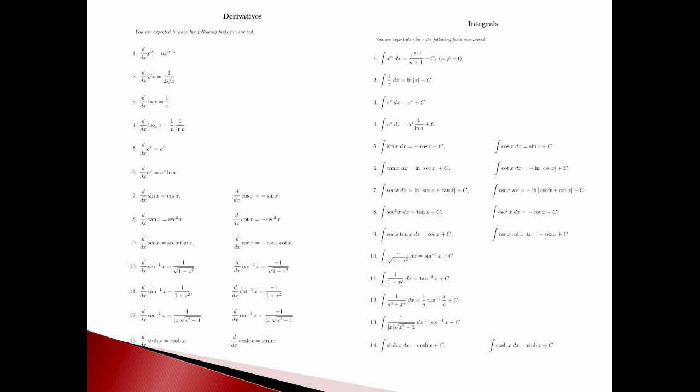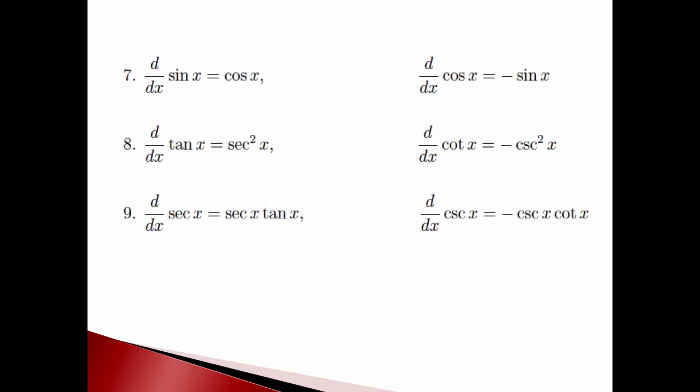A few other things to point out. Maybe you haven't noticed the pattern for derivatives of the trig functions. If you notice the trig functions on the left, sine, tangent, and secant, have their matching cofunctions, cosine, cotangent, cosecant. And if you look at the pattern for a second, it's easy to pick out that the derivatives of the cofunctions are all negative. They're just negative versions of the non-cofunctions.